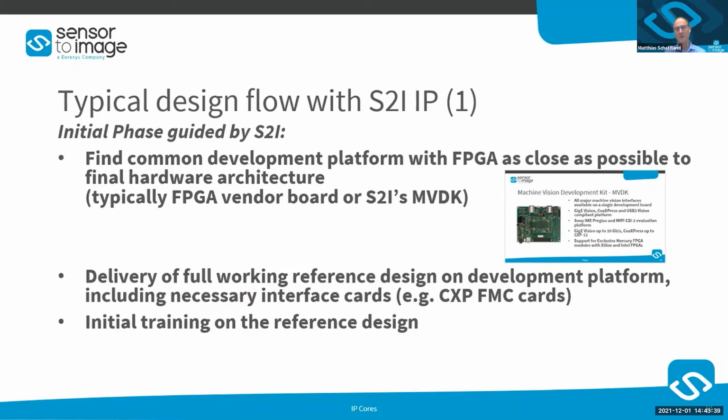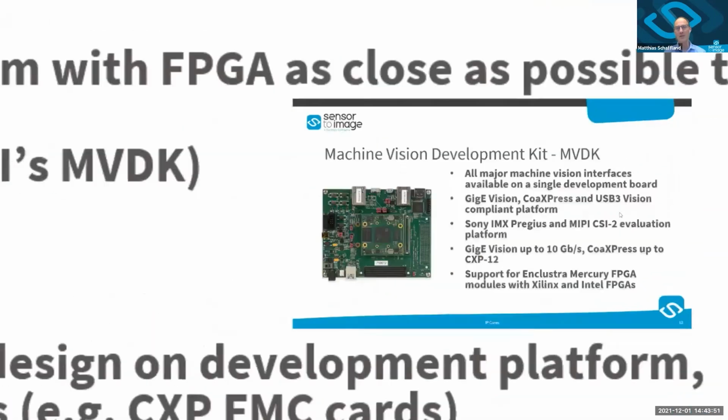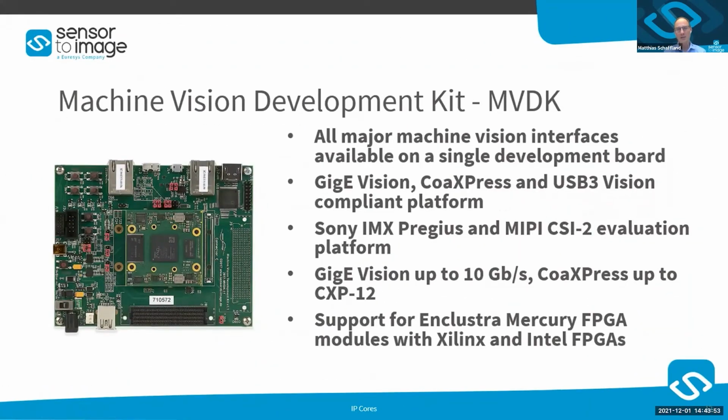Typically here we use FPGA vendor boards, or if there's no preference or it's not possible, we have our own one, the MVDK, the Machine Vision Development Kit. Here we have all major machine vision interfaces available on a single development board. That means we can provide designs for GigE Vision, CoaXPress, and USB3 on the same platform.